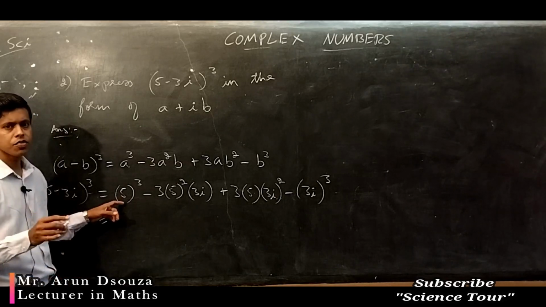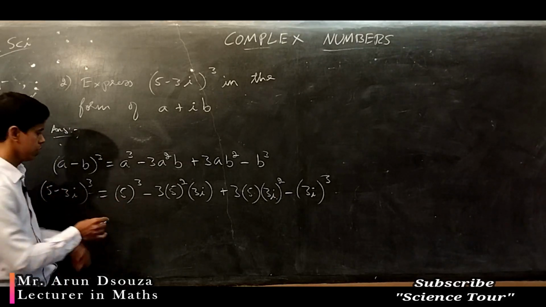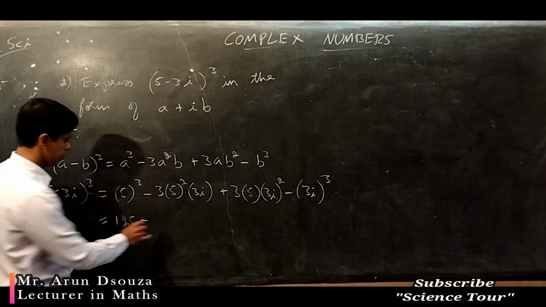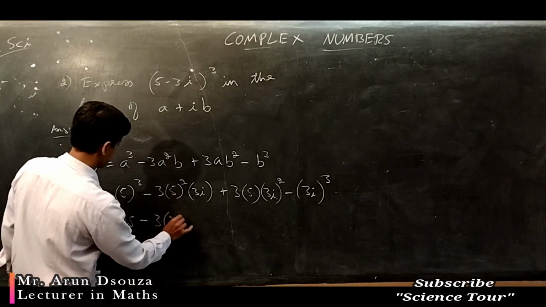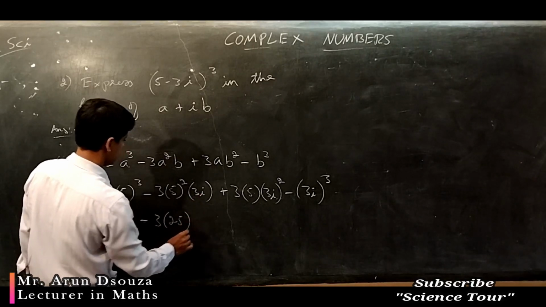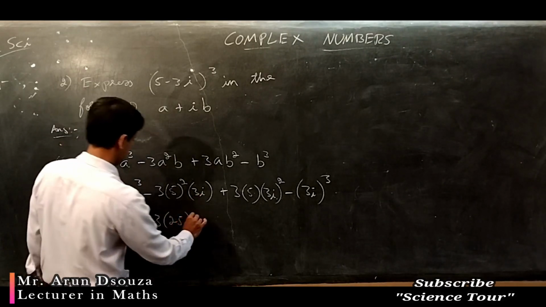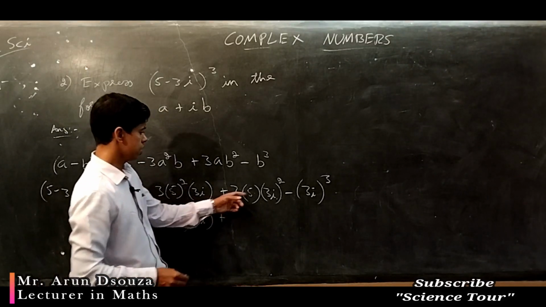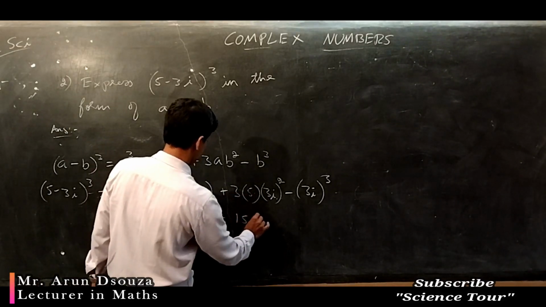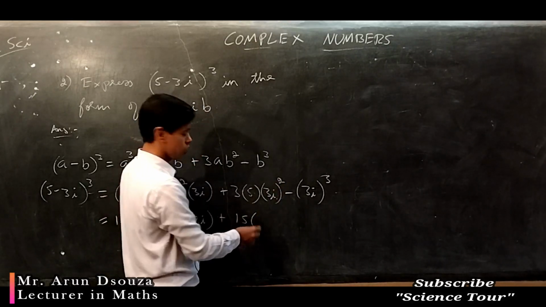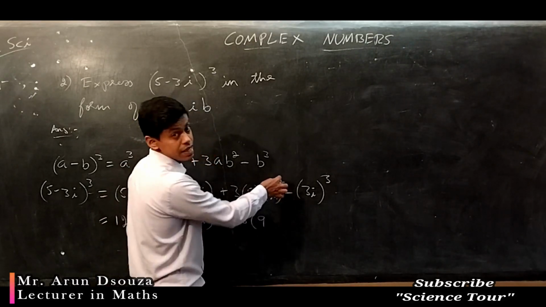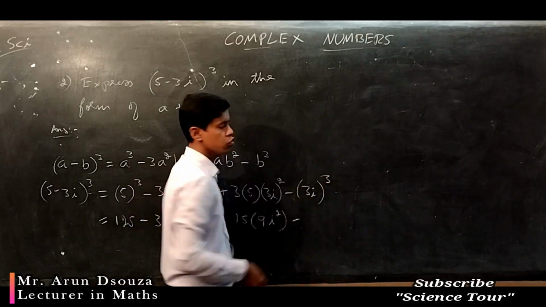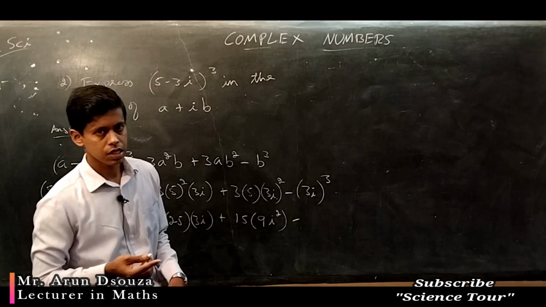What is 5 cube? 5 into 5, 25 into 5, so that is 125. Then 3, 5 square is 25 and 3i. Okay, let me write it like this. Next step we'll write the answer. Then this is 5 into 3, 15, and this 3 square, 9i square, minus 3 cube, 3 into 3 into 3.